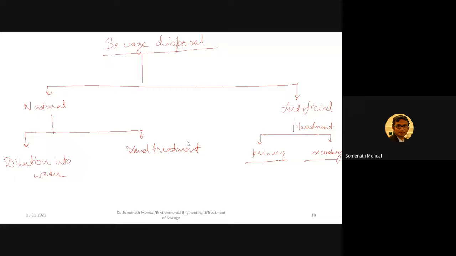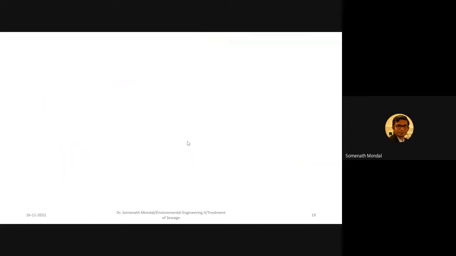Now the limit of discharge and degree of treatment of sewage are determined by the self purification capacity of natural waters. So this is the overall process. It is better to listen and take notes accordingly, because I am not going to dictate, and you are not going to write here in this class.